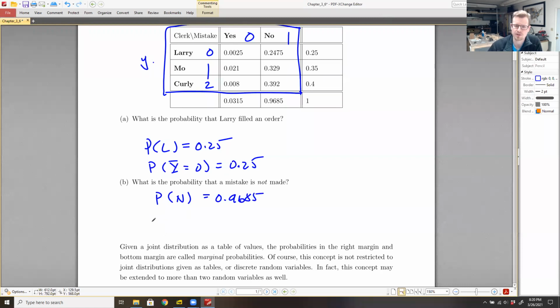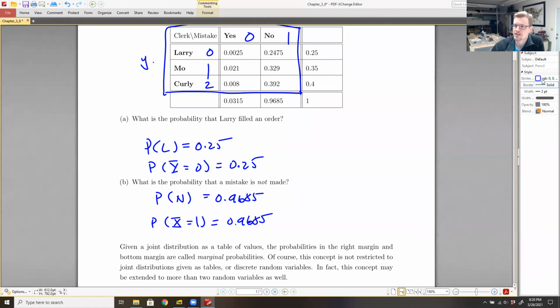But within the context of discrete random variables, we might look at it as the probability that the random variable x takes on the value 1. Again, that's 0.9685.